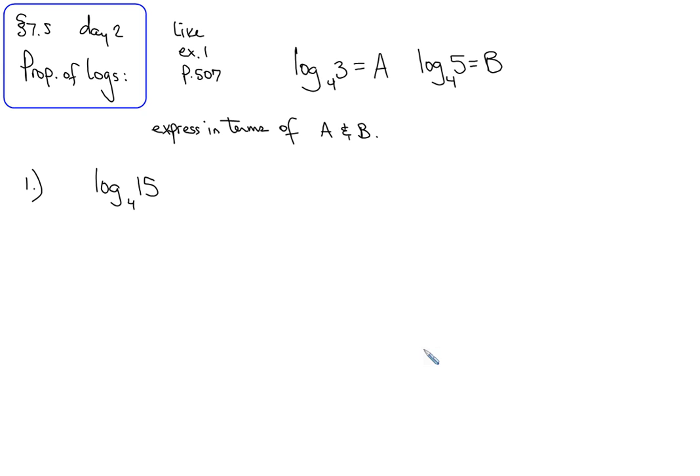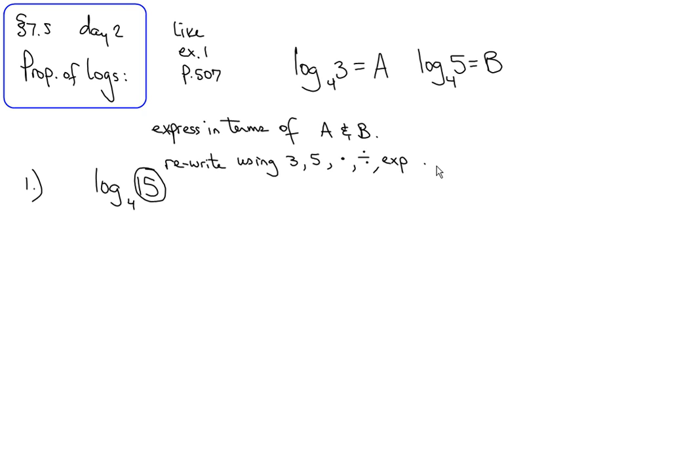So the first thing that you guys need to do is you need to take this and rewrite it using 3, 5, multiplication, division, or exponents, or any combination of those.